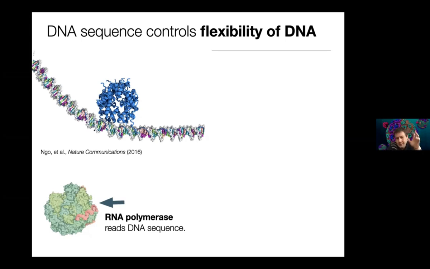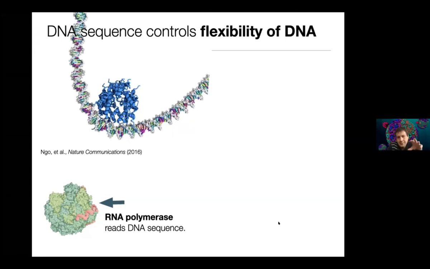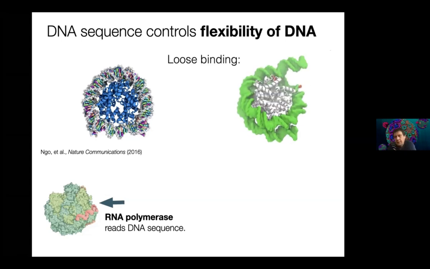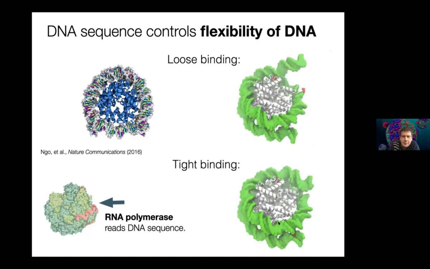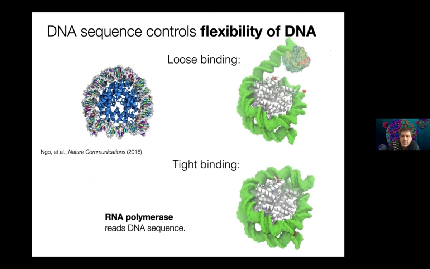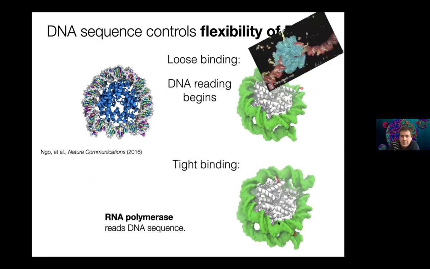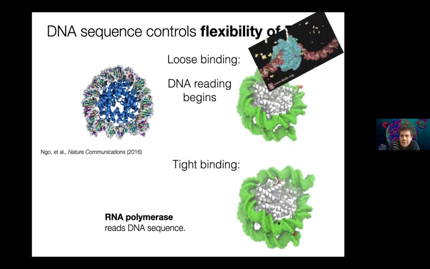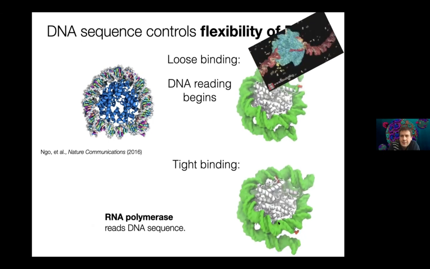And so why is it important? The DNA is wrapped around nucleosomes, not all of it, but some of it. But then, let's say you want to transcribe a gene. An RNA polymerase should be able to come and bind to it, and it will do so only if you have a loose fragment there. It will bind, and then go on this ride and start making a messenger RNA.